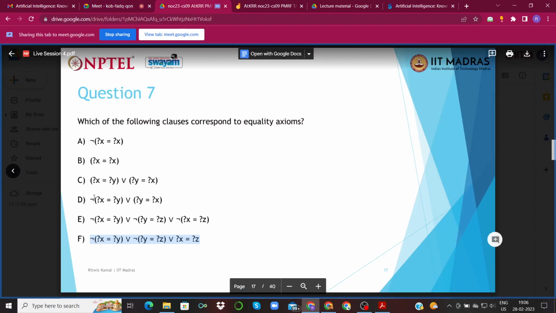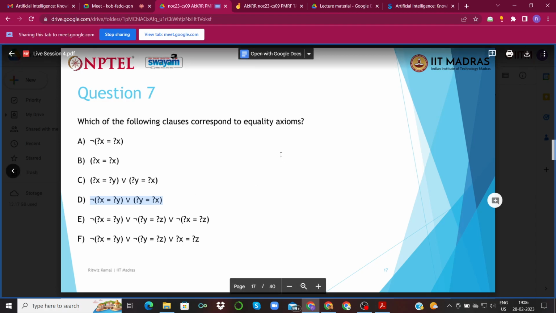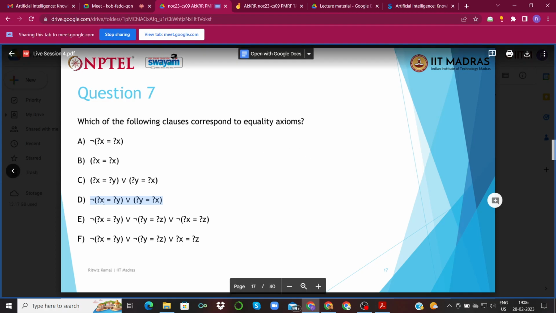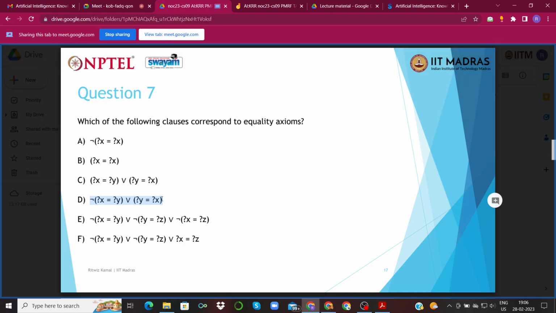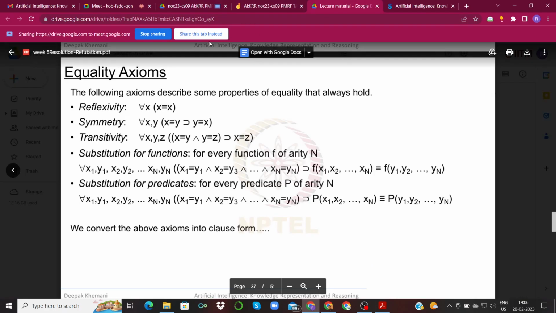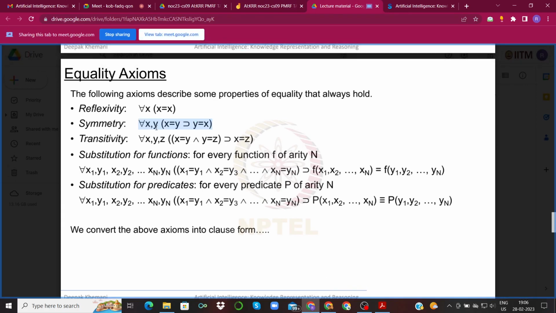Another way to look at it is let's consider option D. So not of something or something. This is how we simplify implies, right? If we have not of A or B, we can write it as A implies B. So you can use a similar logic to say that whenever x equals y, that implies y equals x. This is the same as symmetry: for all x and y, x equals y implies y equals x.